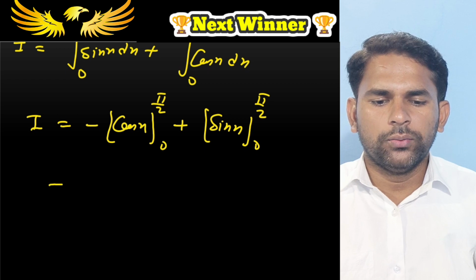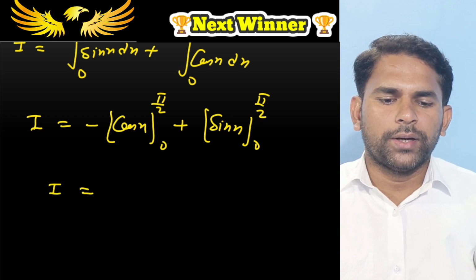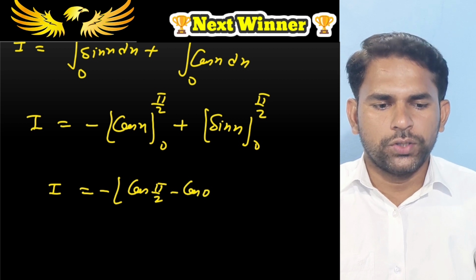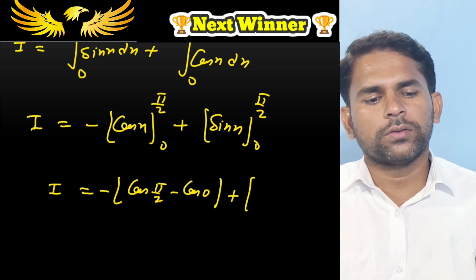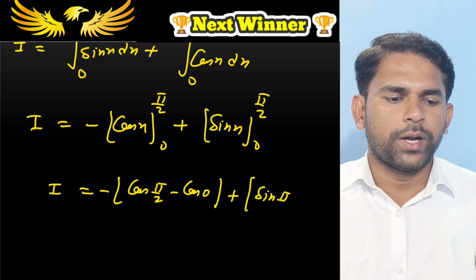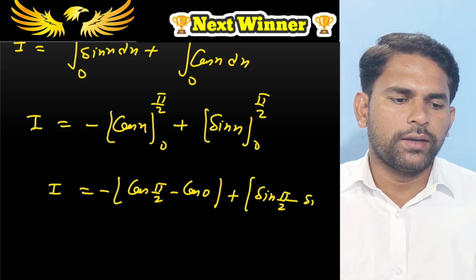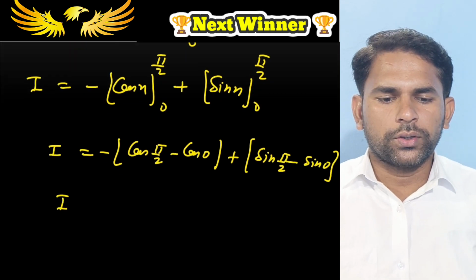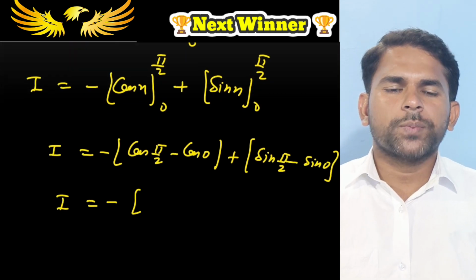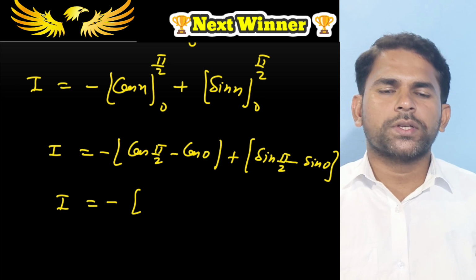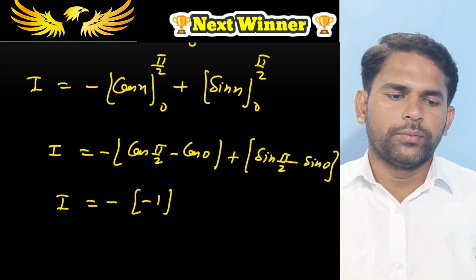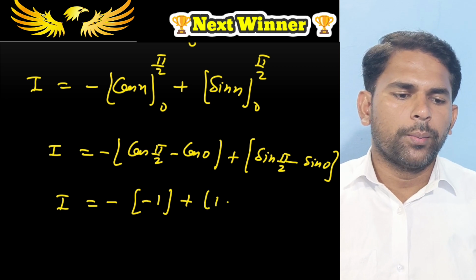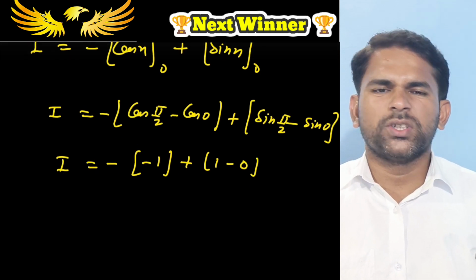Very good. Now we write upper limit minus lower limit. So for the upper limit, minus cos pi by 2 minus cos 0, plus here also sin pi by 2 minus sin 0, upper limit minus lower limit. Now you can solve: cos pi by 2 means 0, no need to write, and cos 0 is 1, so it will be minus 1 with the sign. Next, sin pi by 2 means 1, minus sin 0 means 0, no need to write.